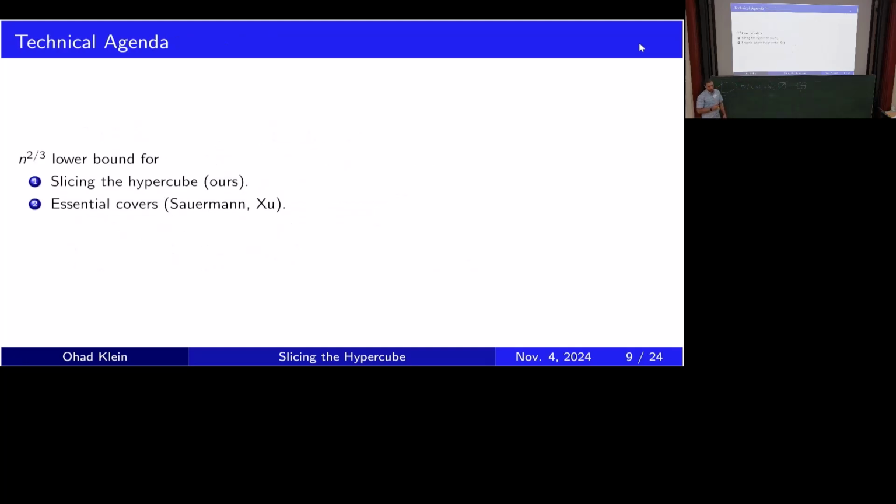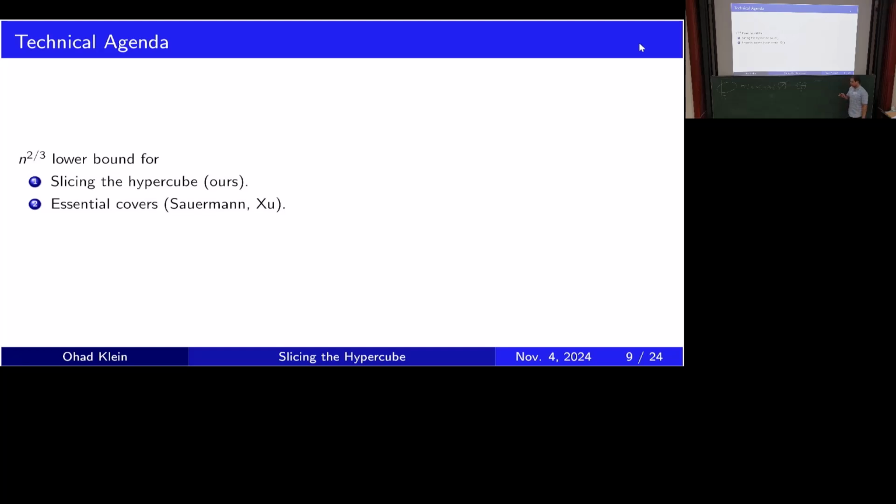So what I'm going to do in the rest of the talk is to present heuristic versions of both proofs, and show why I believe these proofs are somewhat complementing each other, and I believe it is a good direction to think about how to combine them.